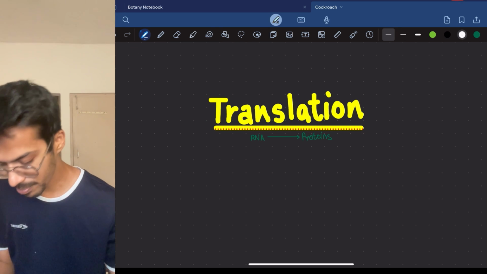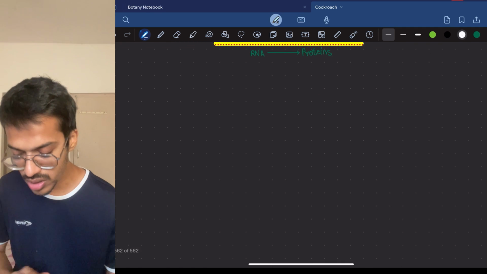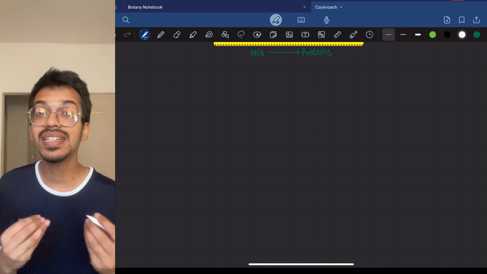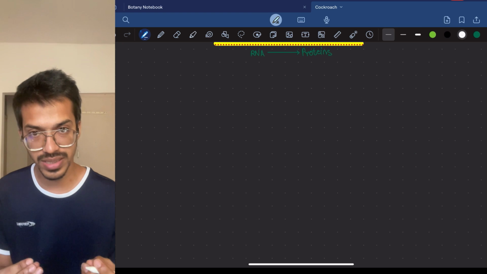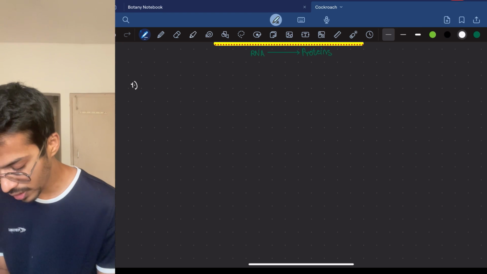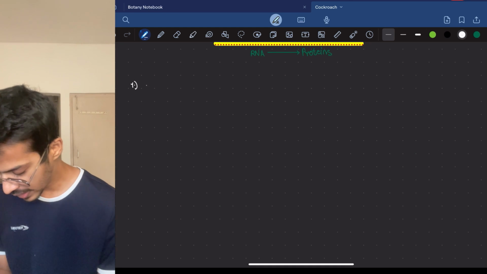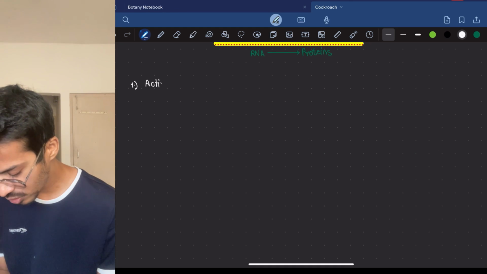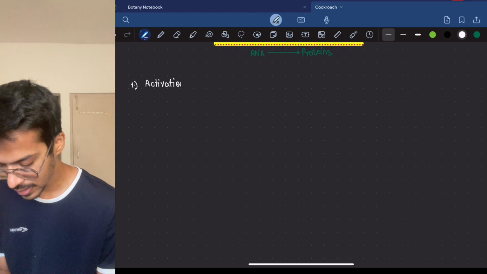Moving on. Before the translation process starts, the first step is the activation of tRNA. Prior to that, first of all comes the activation of the amino acid. Since protein is going to be made, the basic unit, as in your 11th class biomolecules, is the amino acid.